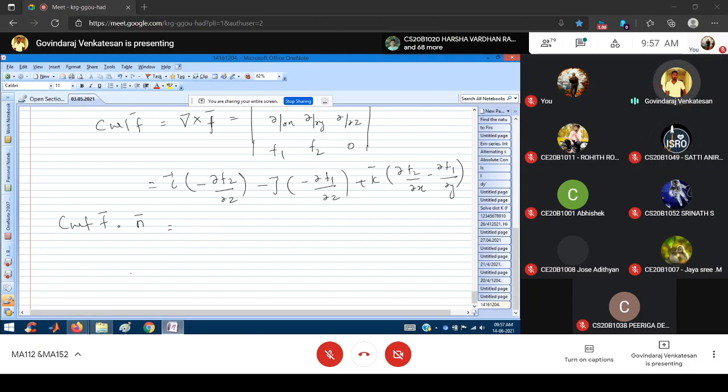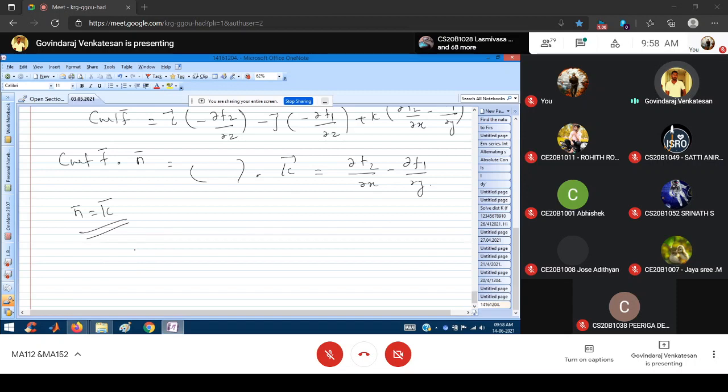Yes, so the n vector is the k vector, since the z axis is perpendicular to the x and y axis. Therefore the k vector is the unit outward normal vector. So this is our curl f, and everything will be dot product with the vector k. So your answer is dou f2 by dou x minus dou f1 by dou y.